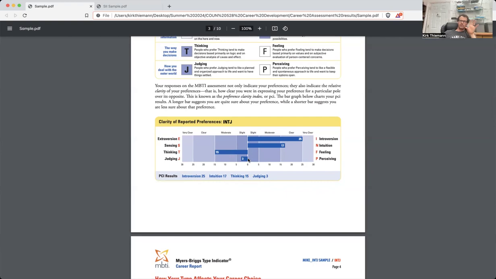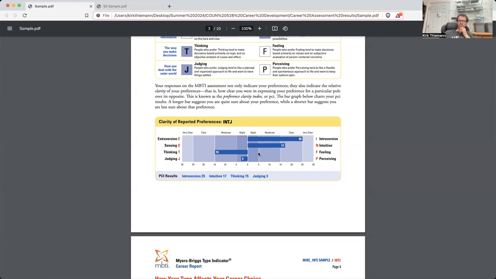But if it comes down to it, they have a slight preference for a more organized approach. If someone is slight on all of these, they won't have one clearly dominant preference. The multi-potentiality of the person is going to be pretty high, and they can adapt and be flexible.